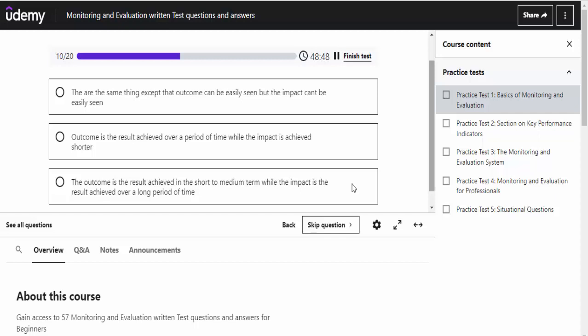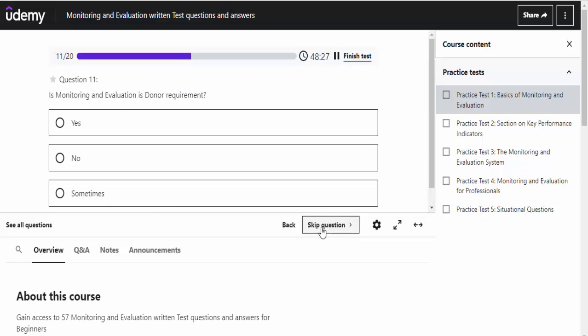So this one clearly is the correct answer. If you look at the results chain, you've got first the output, then the outcome, then the impact. So these all have their different periods of time when results will be achieved.